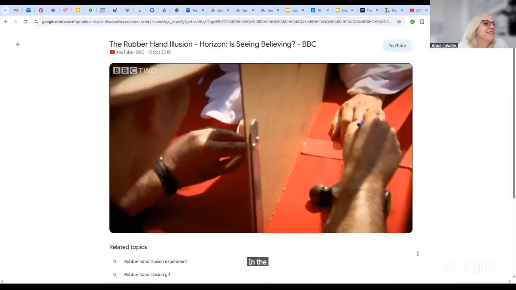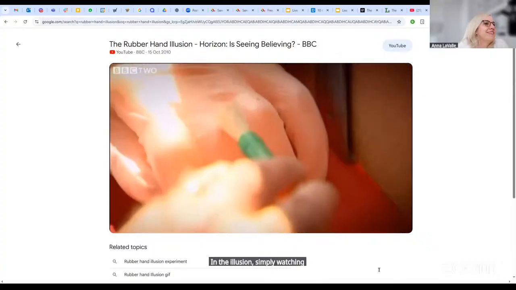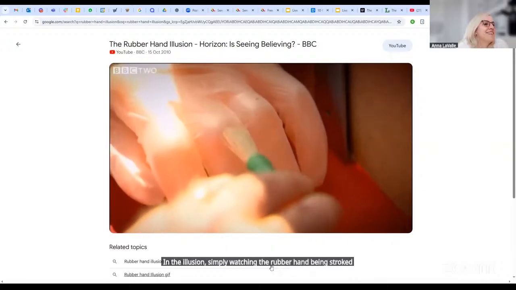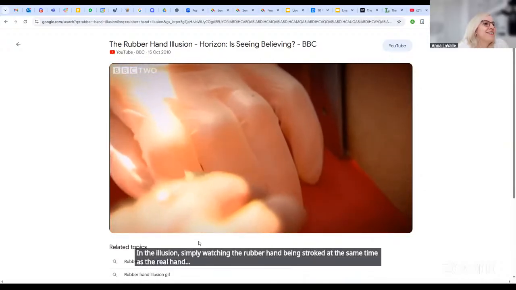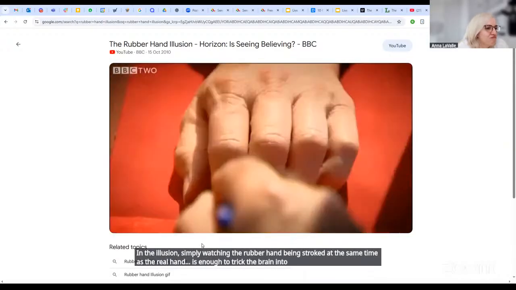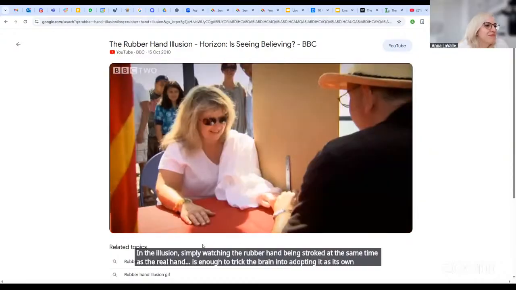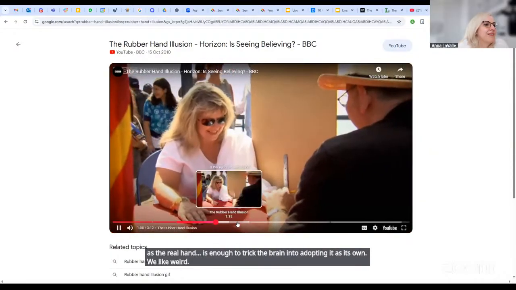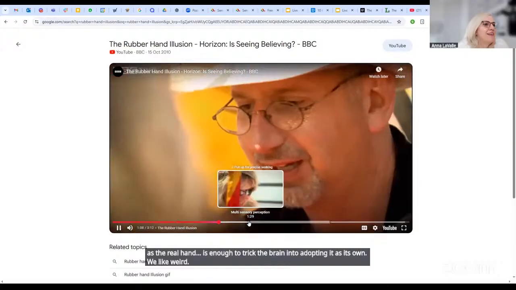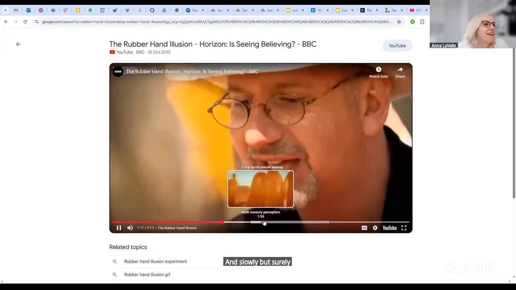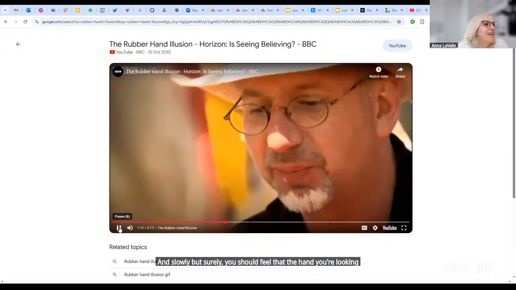In the illusion, simply watching the rubber hand being stroked at the same time as the real hand is enough to trick the brain into adopting it as its own. We like weird. And slowly but surely, you should feel that the hand you're looking at is actually part.